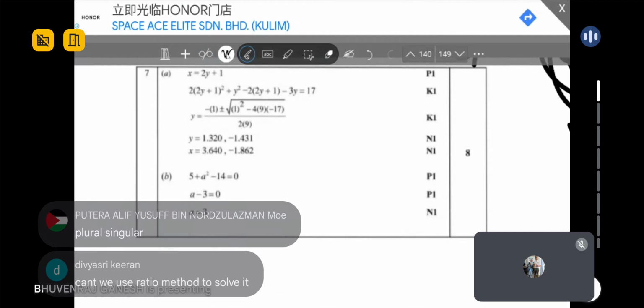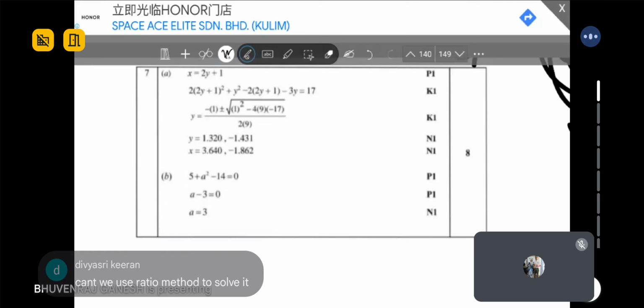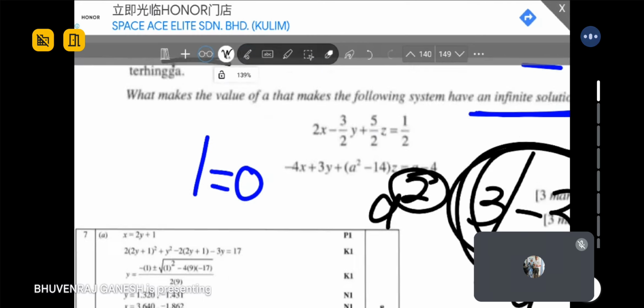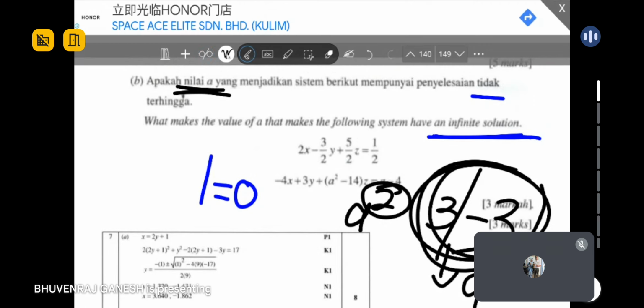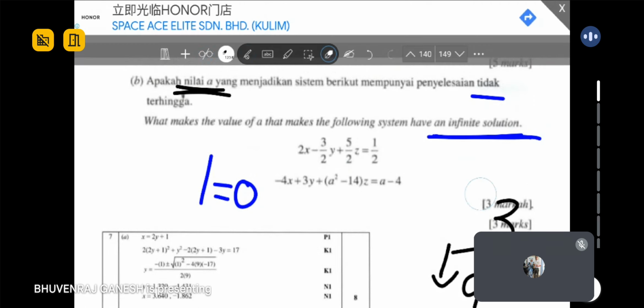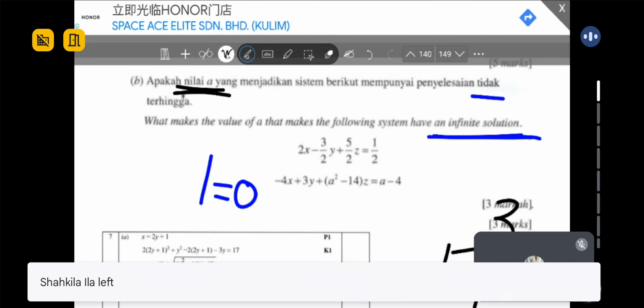Yes, plural singular. Can we use the ratio method? What do you mean by ratio? Means you take the ratio of coefficient of z, is it? Oh, then what is your step? Means you take 5 divide a square minus 14. Am I right? Something like that. Then you equal it to what at the end?